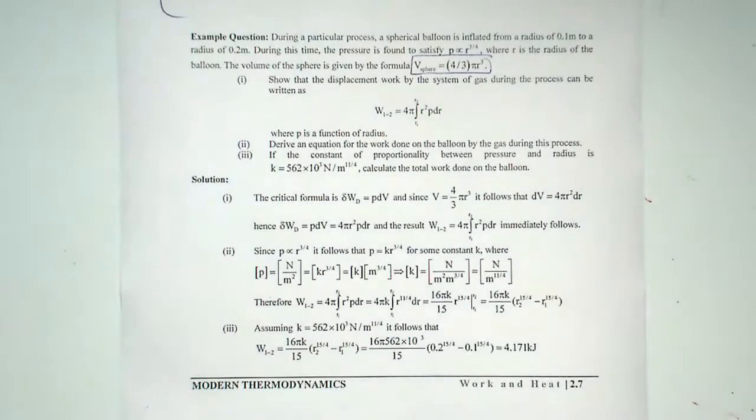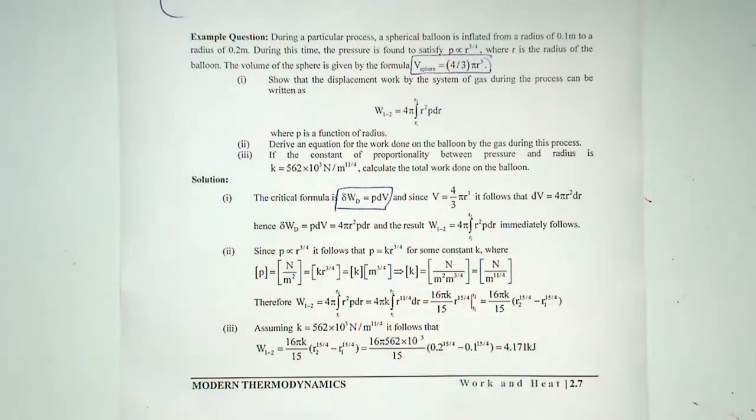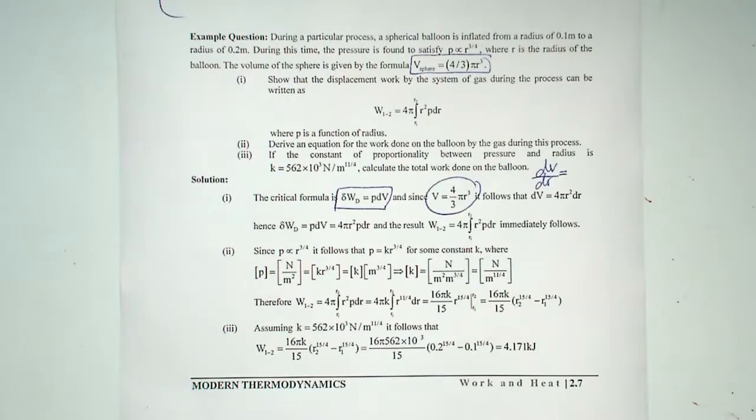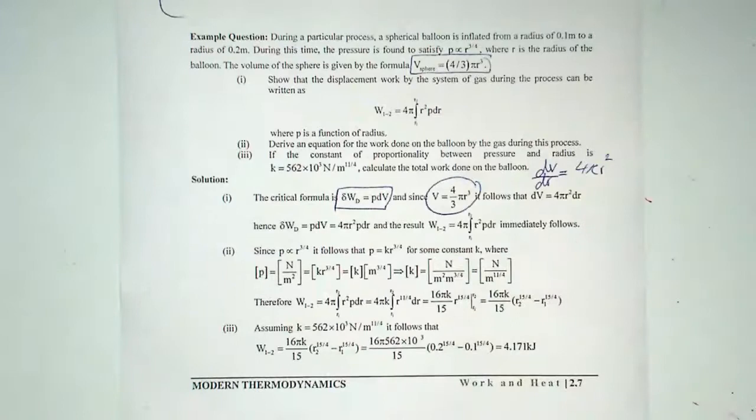The starting point is this equation, what we said. This is a displacement problem, and of course you have to start with delta W equals PdV. Now, according to what the problem has, if you start with V, and I ask what is dV/dr, then you just have to differentiate this equation, and you end up with 4 pi r squared.